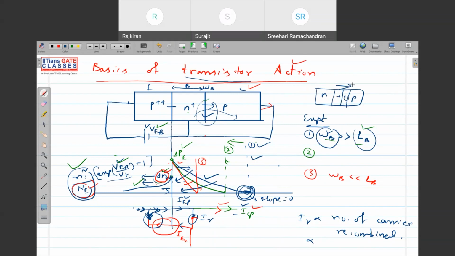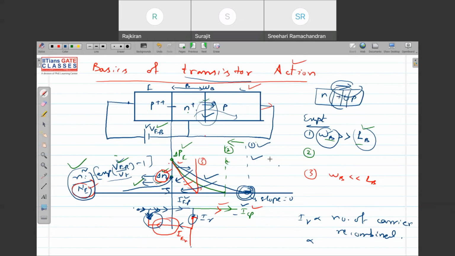This built-in electric field, which I did not show here, pushes all the holes that reach the junction to the collector side.